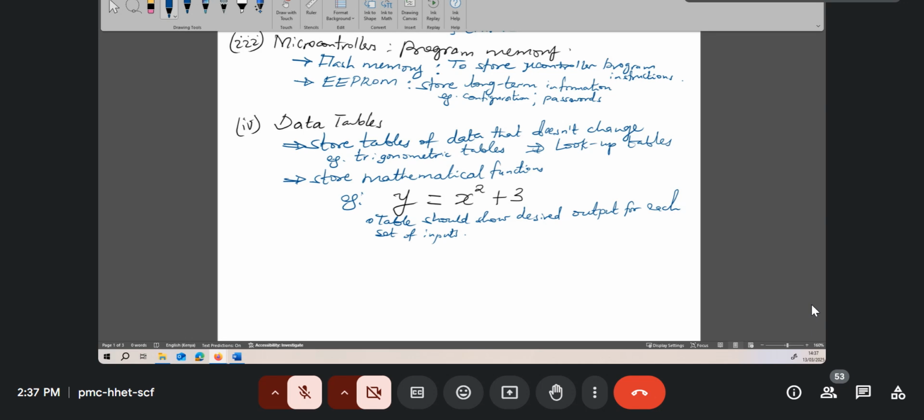So let's say our x, and this is based on that mathematical function we have there.